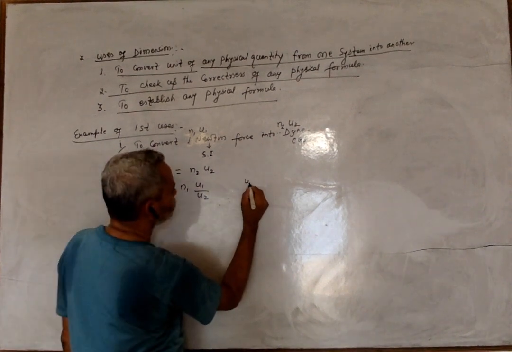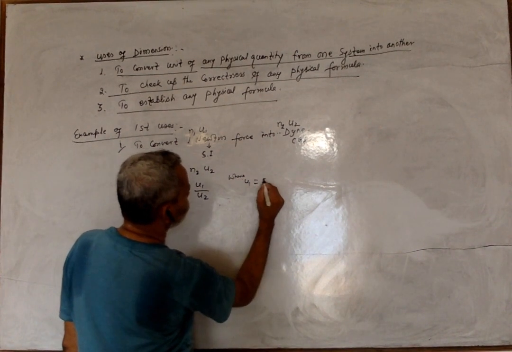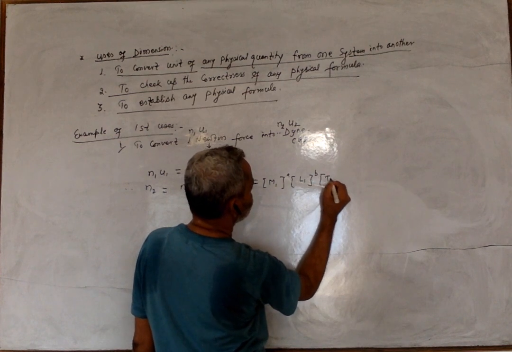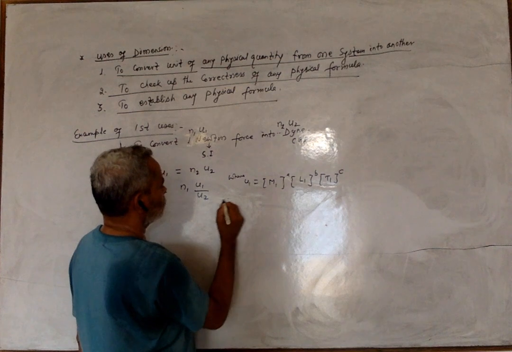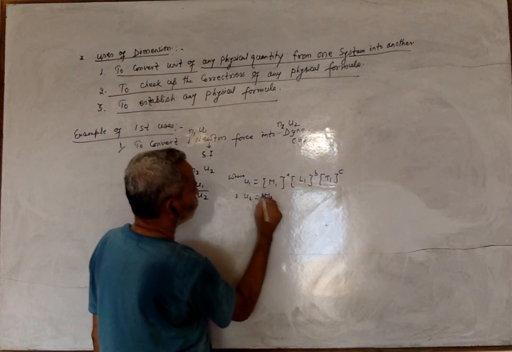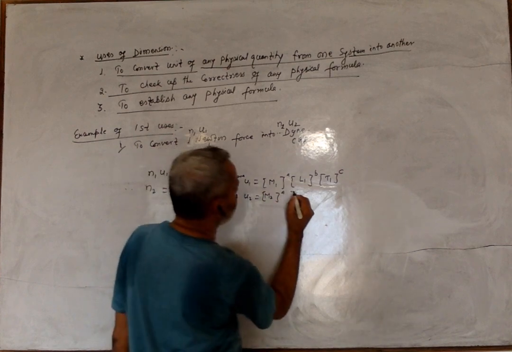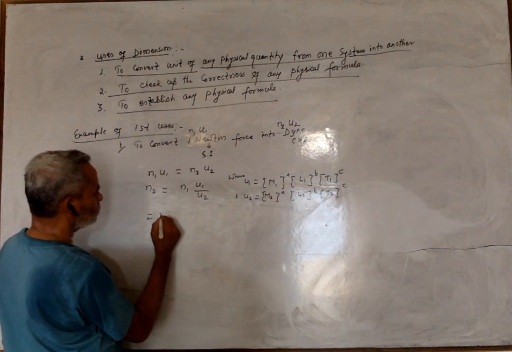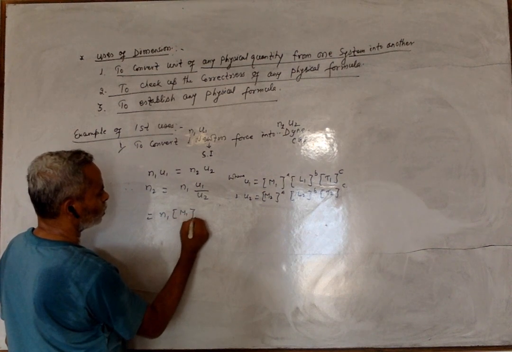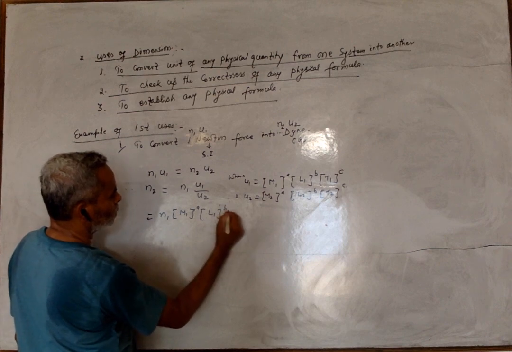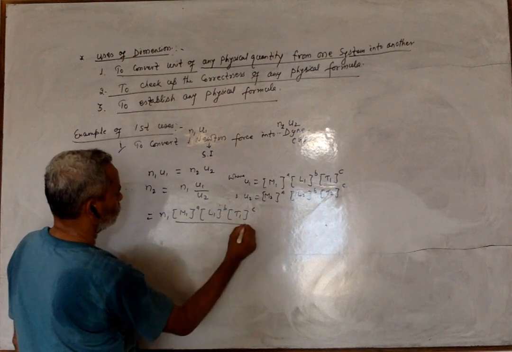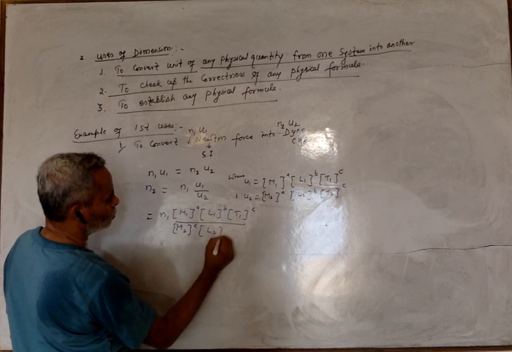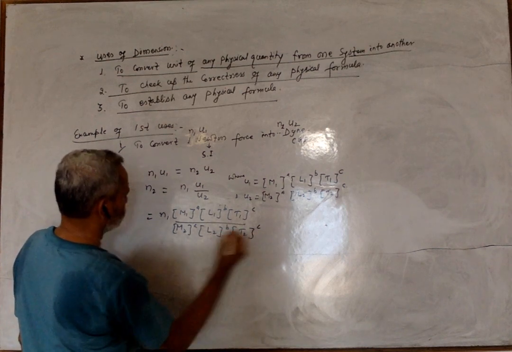Where U1 equal to M1 to the power a, L1 to the power b, T1 to the power c, and U2 equal to M2 to the power a, L2 to the power b, T2 to the power c.